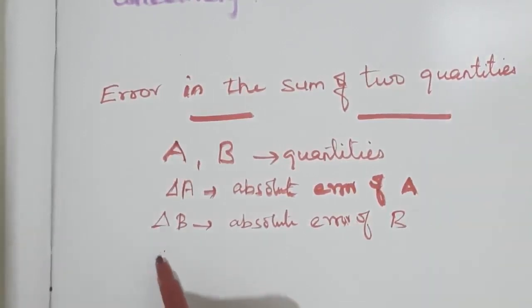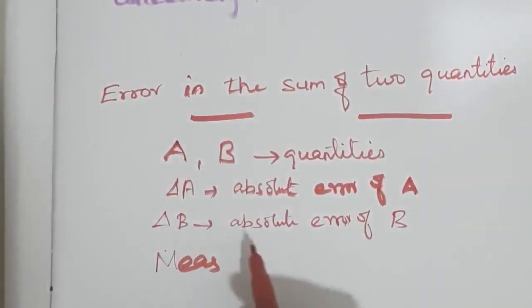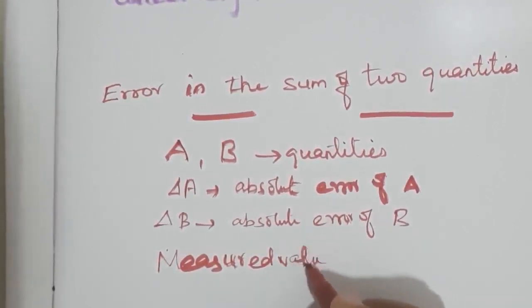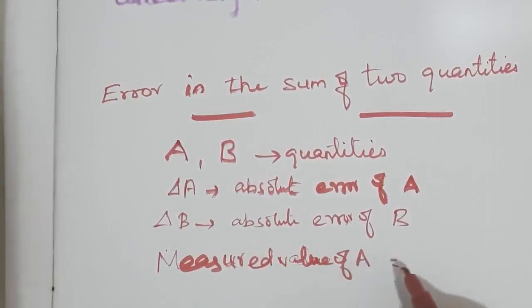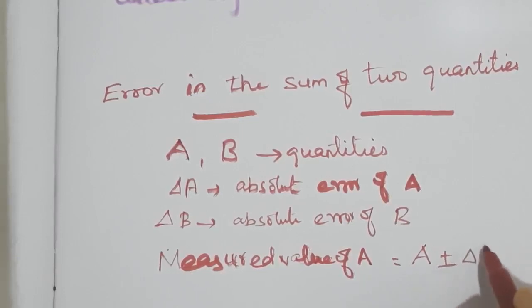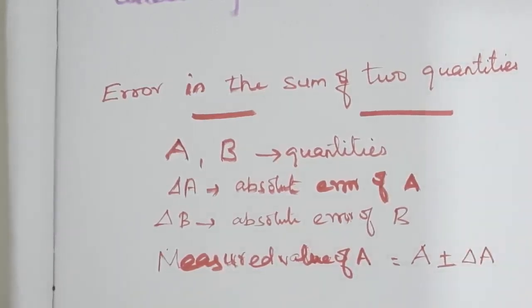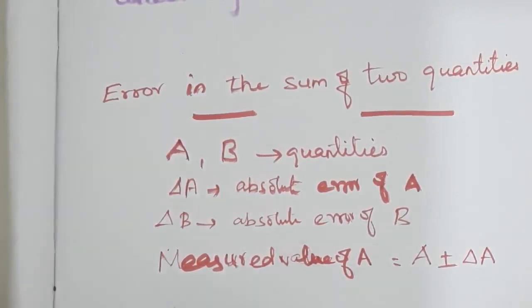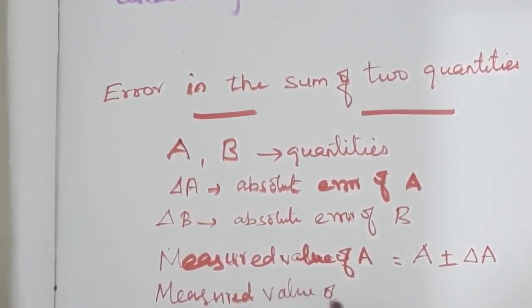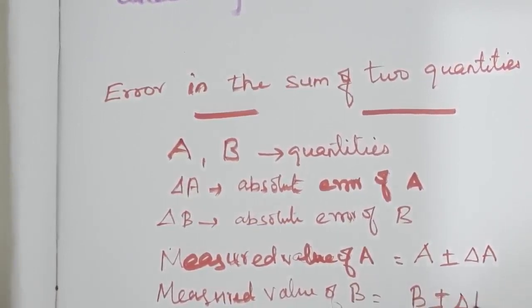Listen, the measured value of A can be written as A plus or minus delta A. Similarly, the measured value of B can be written as B plus or minus delta B.